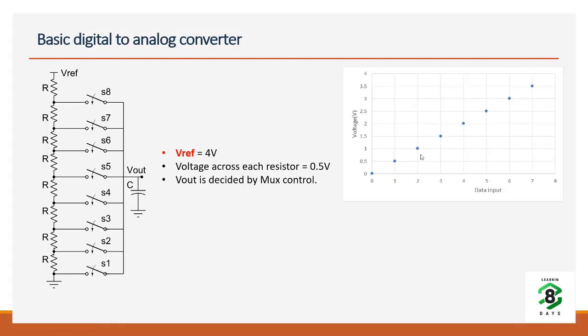You can generate only 0.5, 1, 1.5, and so on. So if you want a continuous analog signal, you cannot. You actually lost a lot of information, and that is the decision of the engineer who designed the system, how much information he can let go.